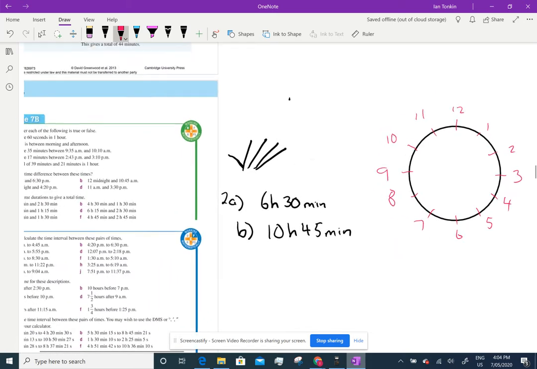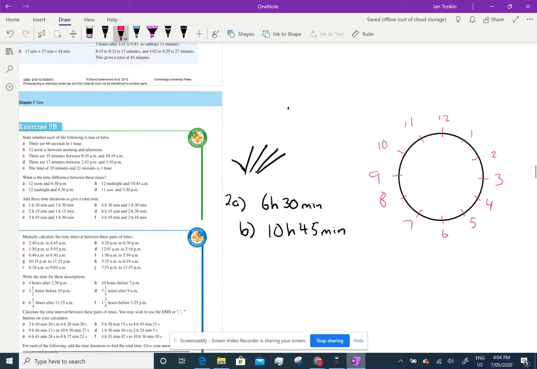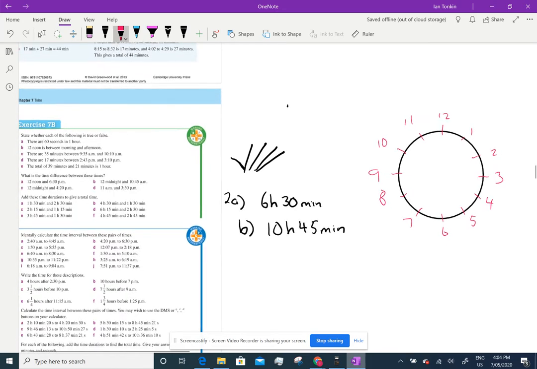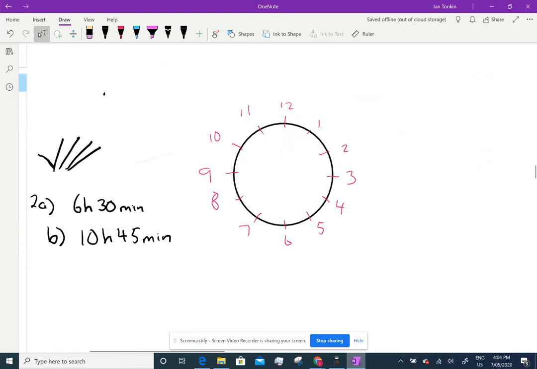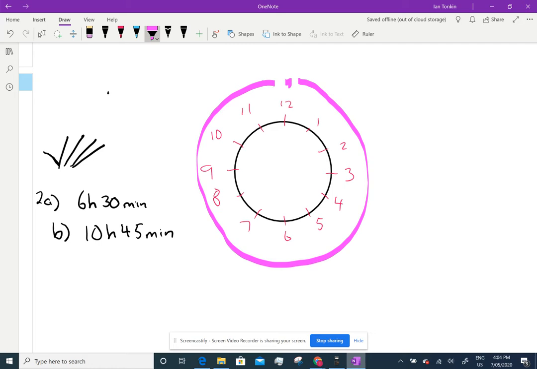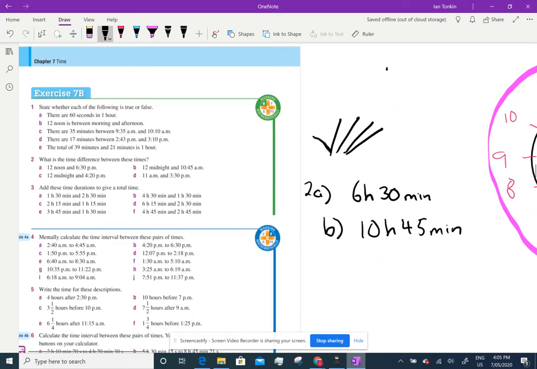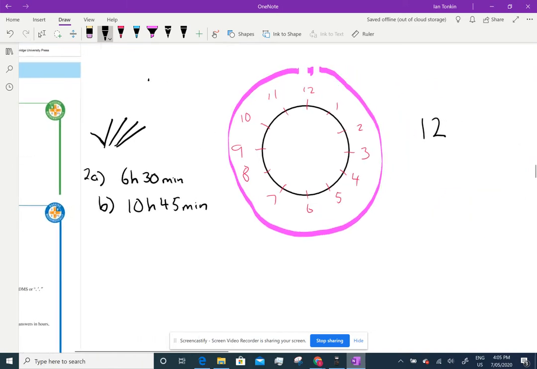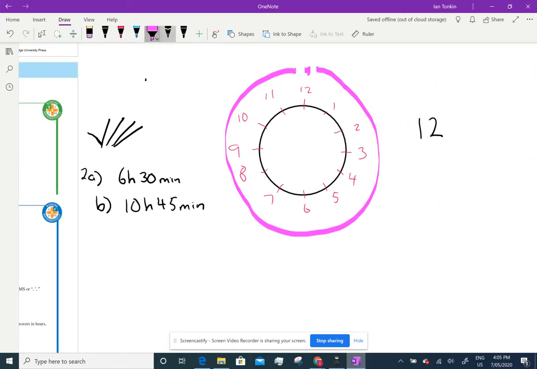Okay, so 12 midnight to 4:20 p.m. So it's 12 midnight, so I'm here. And 1 a.m., 2 a.m., 3 a.m., 4 a.m., 5, 6, 7, 8, 9, 10, 11, 12. So I've gone 12 hours. And how much further have I got to go? I've got to go another 4 hours and 20 minutes.